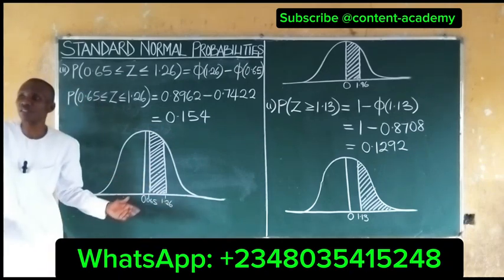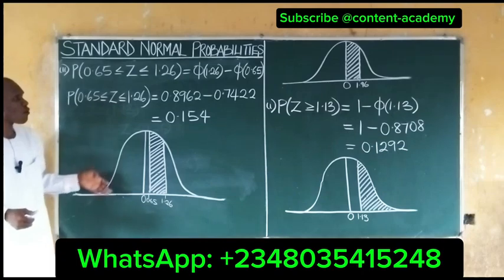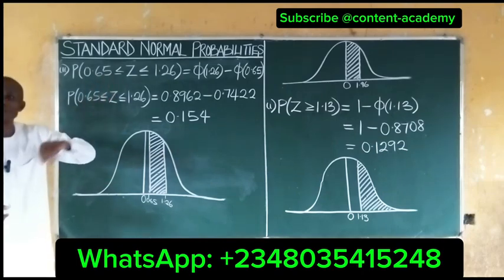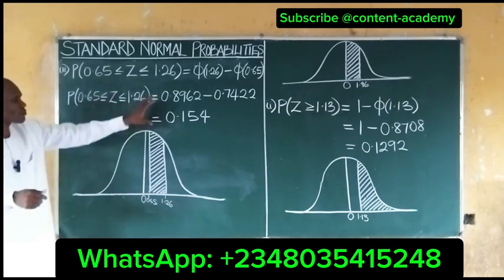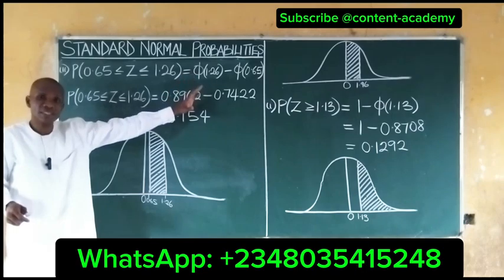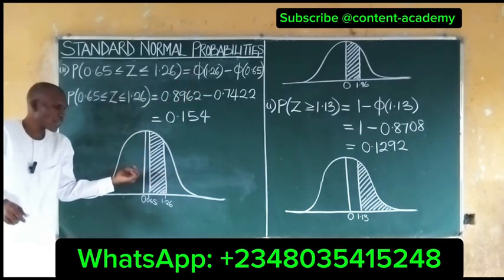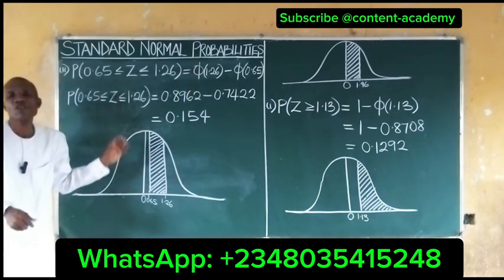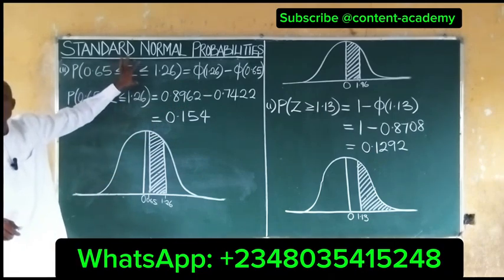So this becomes our standard normal curve for the associated equation. This is simply how to find the standard normal probabilities for any given data. And this is how we can write the standard normal curve for the given equation.